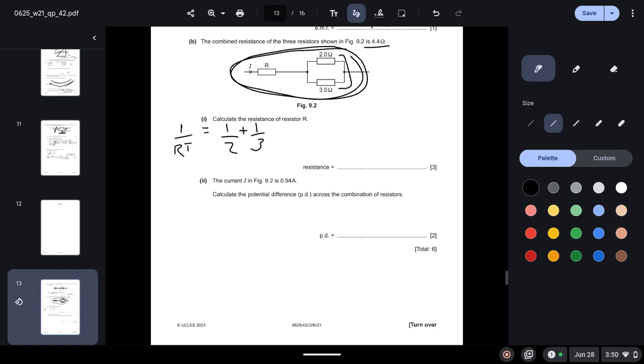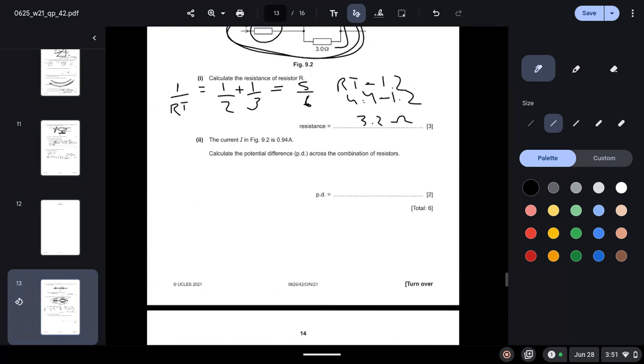Since they are in parallel, this is the formula for parallel. So we have 5 over 6, which gives us RT as 1.2. So if these two have a combined resistance of 1.2 and the total is 4.4, R must be 4.4 minus 1.2. This will give us 3.2 ohms.